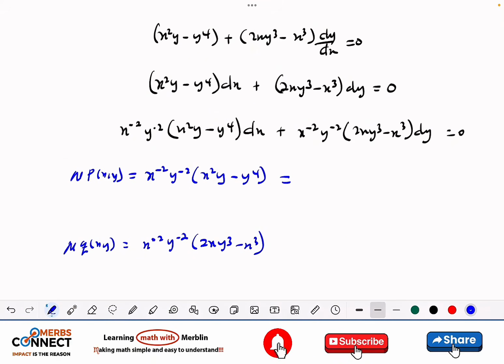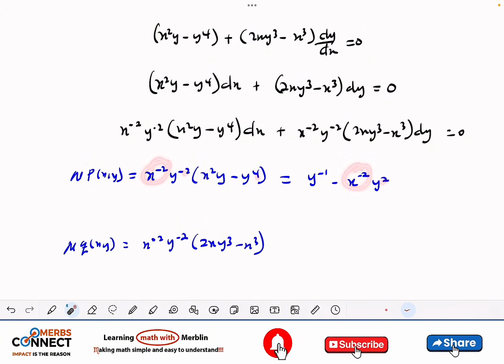Because x to the power minus 2 plus 2 is x to the power 0, which is 1. So that one will be just 1. And then multiplying y to the power minus 2 by y gives y to the power minus 1. Then minus y squared, because 4 minus 2 will be 2.